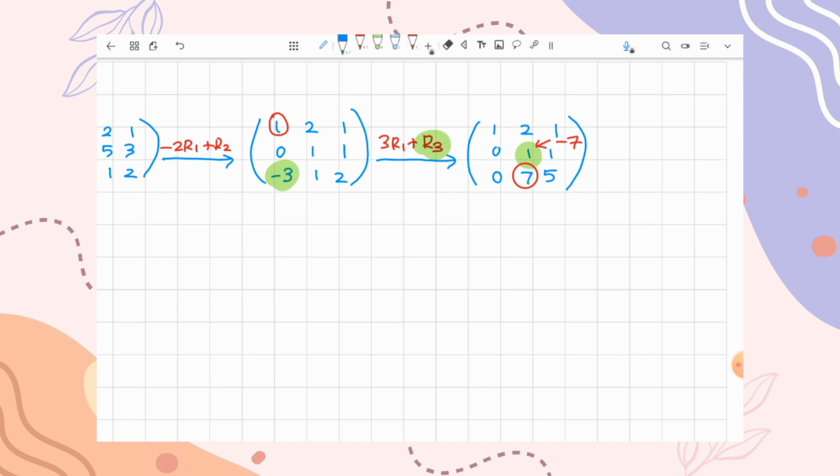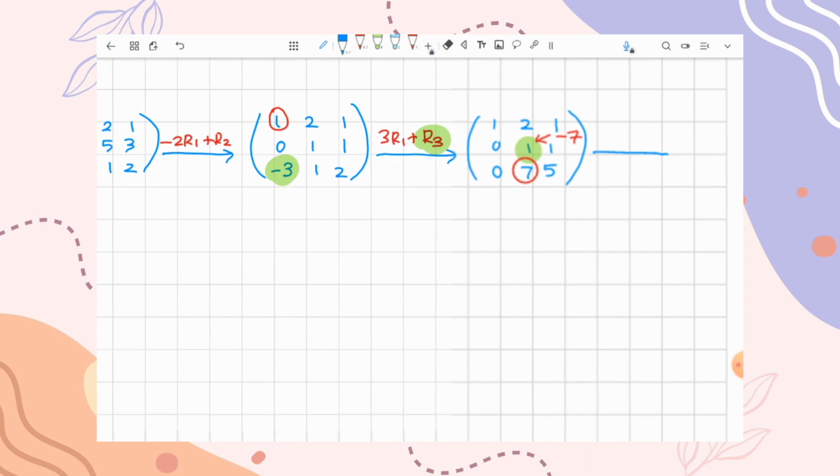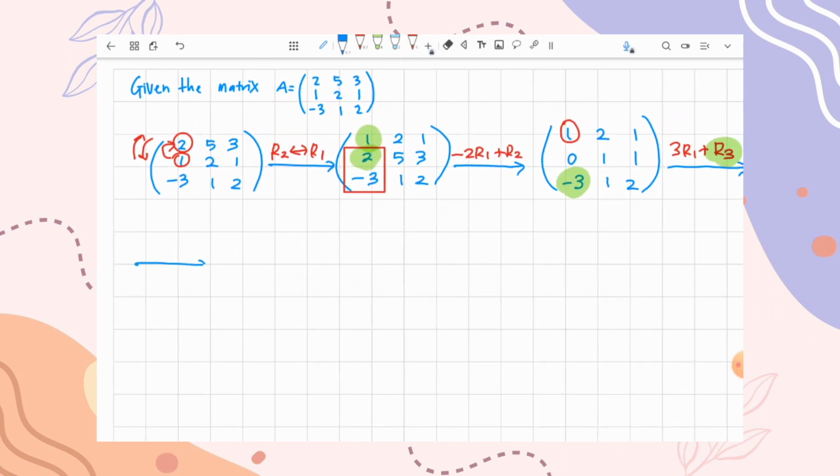Since we do not have enough space right here, we need to start over from this side. Never turn it into a flowchart. So the operation that we will use is -7R2 plus R3. Let's rewrite the first and second row and calculate the third row. I will get 0, 0, -2.